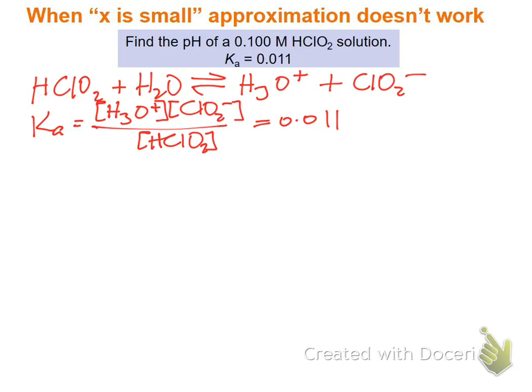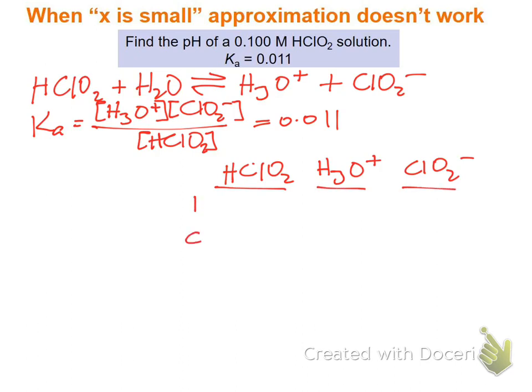And then we prepare our ice table. So we have HClO2, H3O plus, and our conjugate base. Okay, our initial concentration for the acid is 0.100.